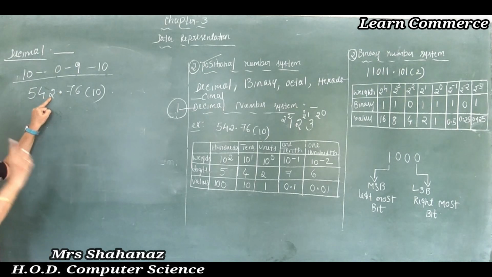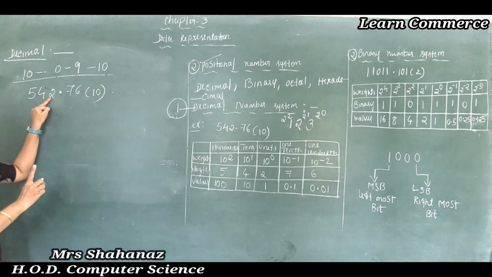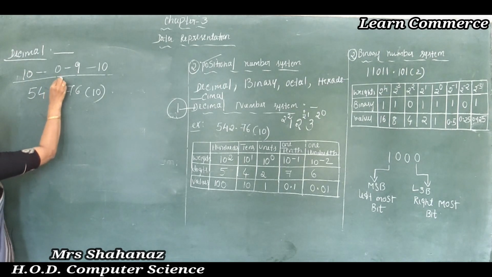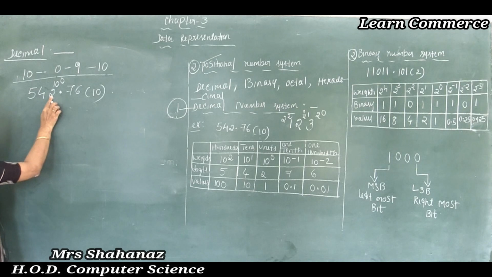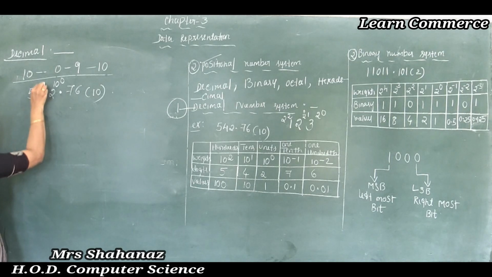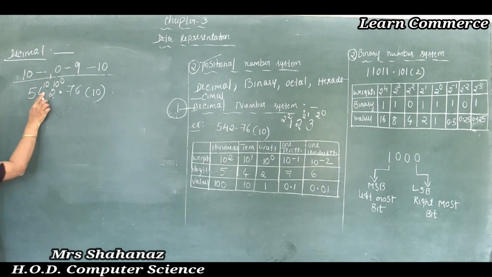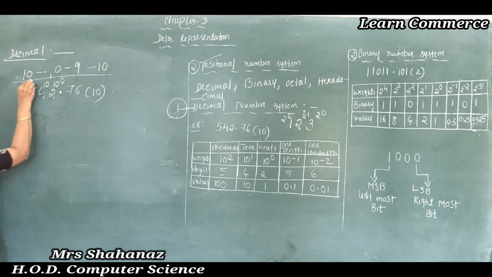So the first position, as we know that the positional value of the decimal number system, that is 10. Correct? No, radix or base is 10. So we can say that the 10 to the power of 0, okay, that is called as the units here, and 10 to the power of 1, that is called as the tens in this case here, and 10 to the power of 2, okay here, and this one is called as the 100. Clear this point here?